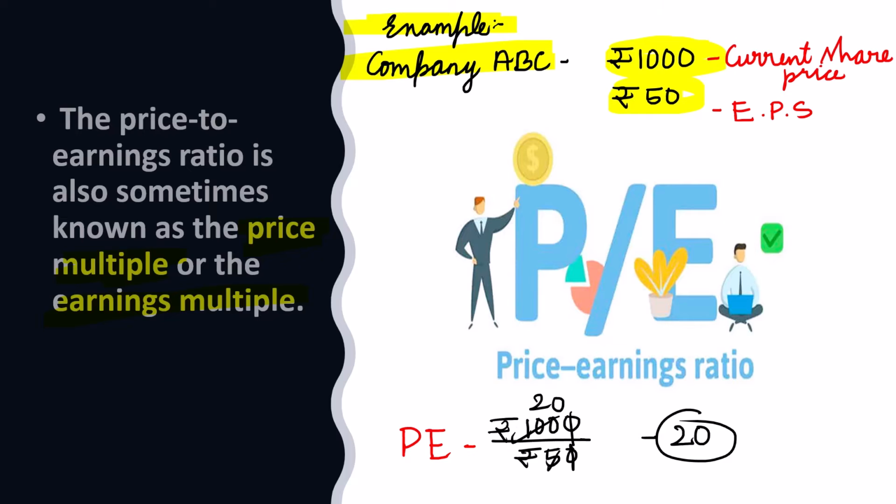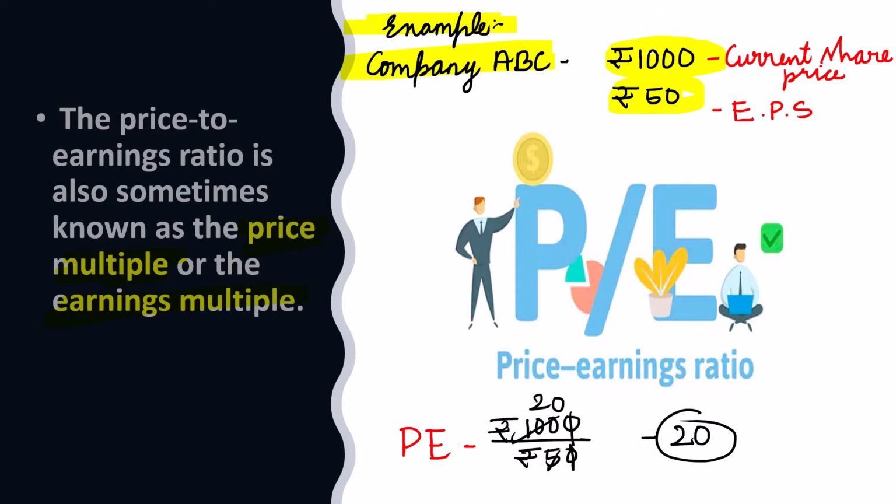What do you understand by the meaning that the company is having a PE of 20? It means that you as an investor are ready to pay 20 times the company's earnings per share. So are you mad to pay 20 times more?